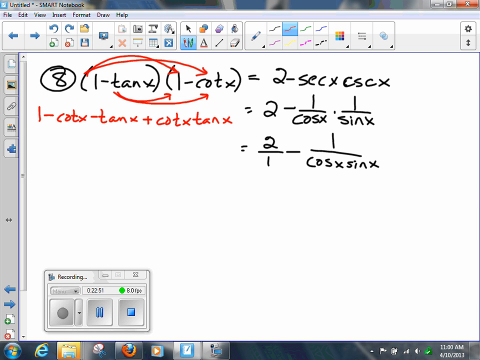Now, something's going to happen because this right here, let's think, cosine and sine over cosine. What's going to happen there? That changes to 1. Okay, so I'm going to have 1 plus, I'm going to work backwards here.